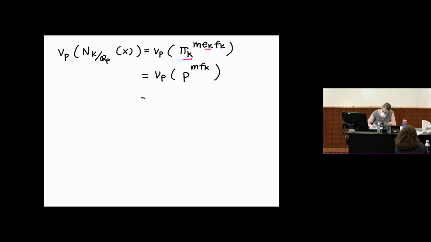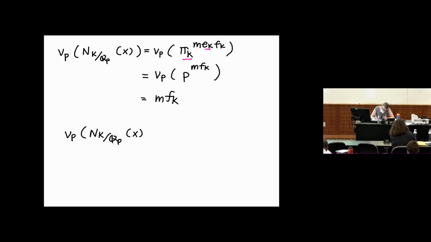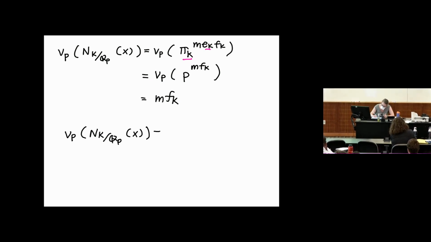What power of p is p to the m times f_K? It's m times f_K, and m was the valuation of x. So what I get in the end is that the p-adic valuation of the norm of x is f_K times the original valuation of my number x.